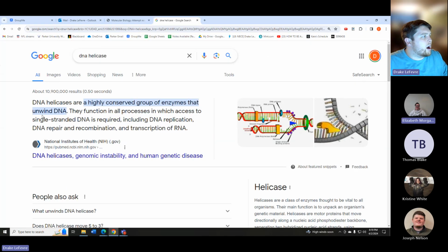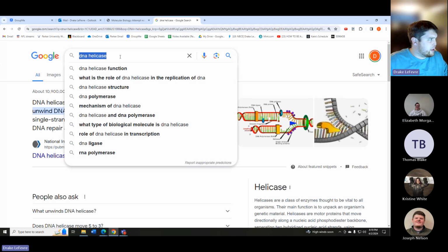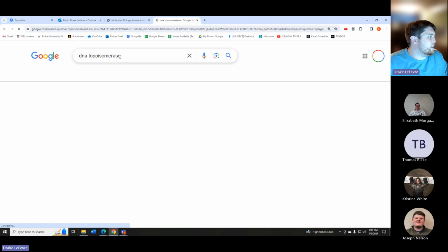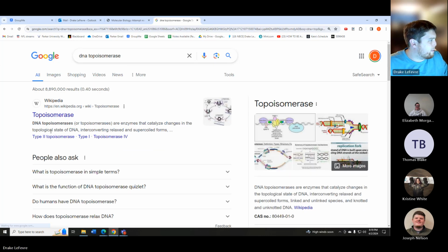Helicases are responsible for unwinding. Earlier we talked about topoisomerase. This is specifically for preventing supercoiling of the DNA. I don't know if the book mentions that.